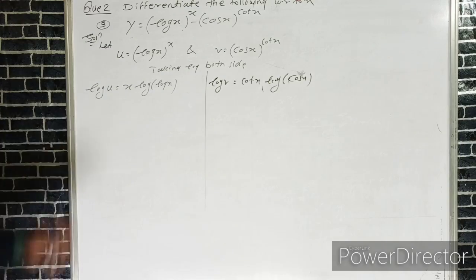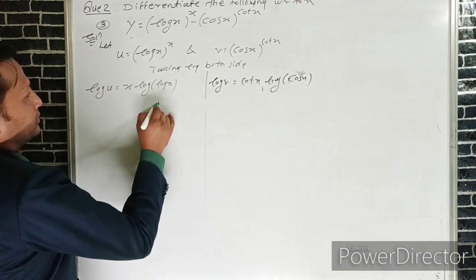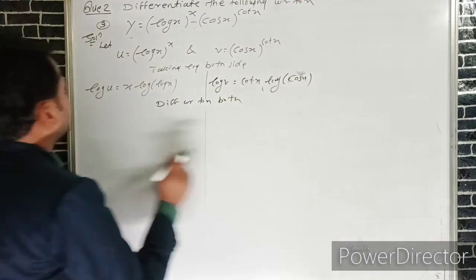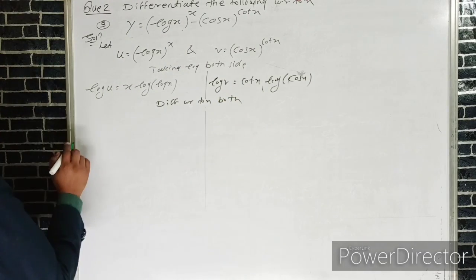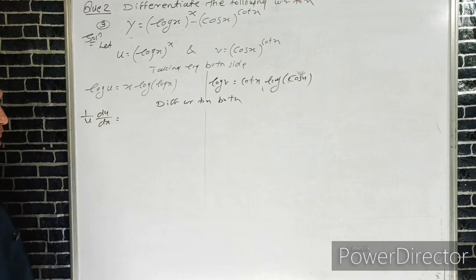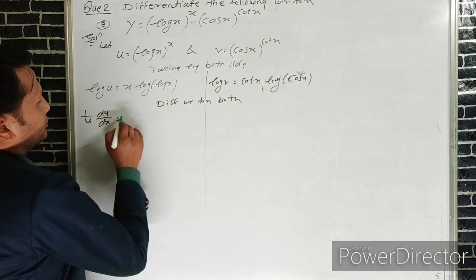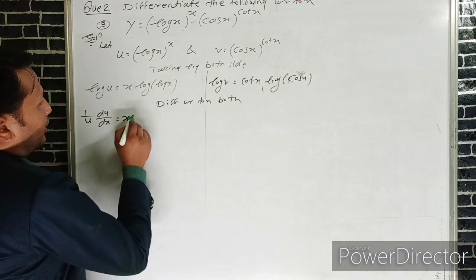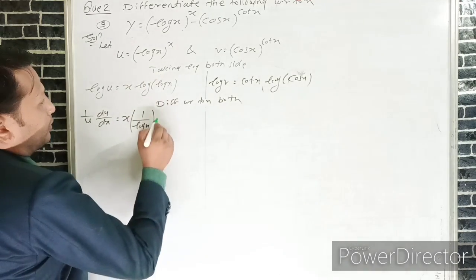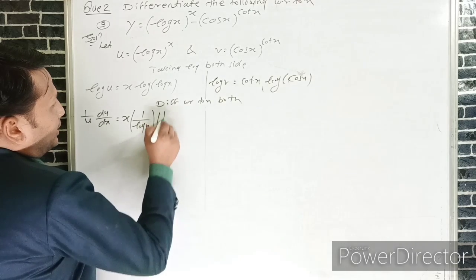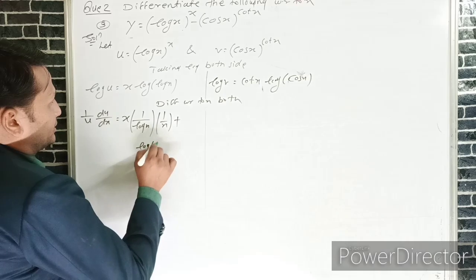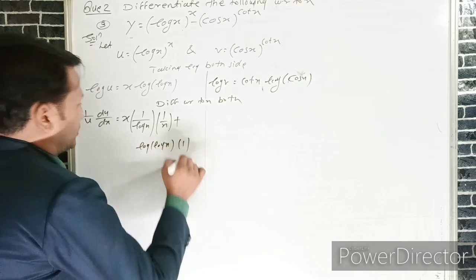First we differentiate both functions with respect to x. We can write the derivative of log u is (1/u) du/dx. If we apply the u into v rule, x into the derivative of log x is 1 upon log x, and we take the derivative of log x, which is 1 by x, plus log x as it is, and the derivative of x is 1.